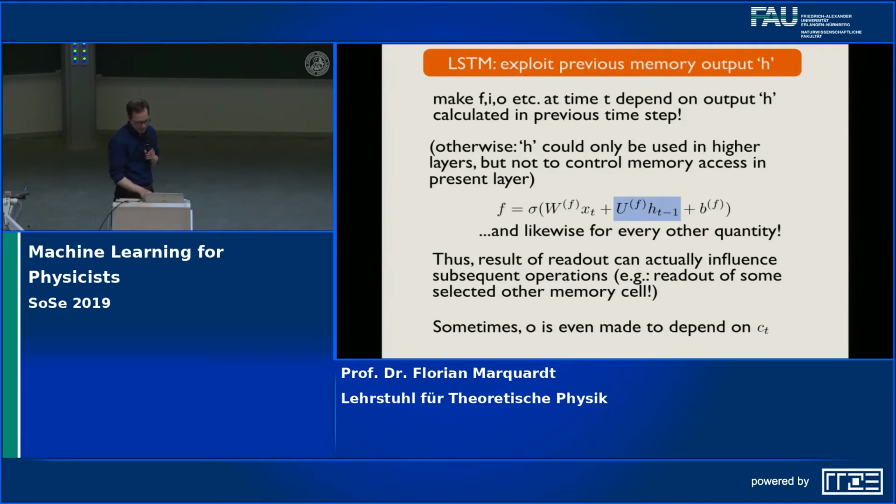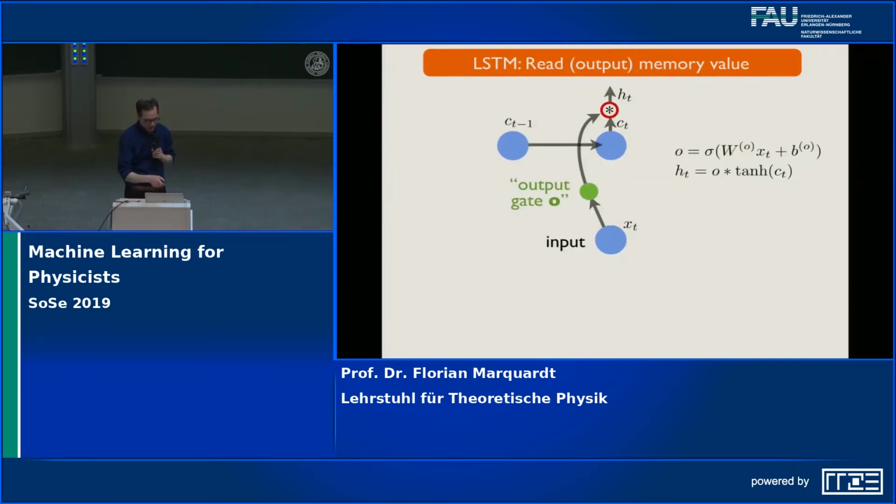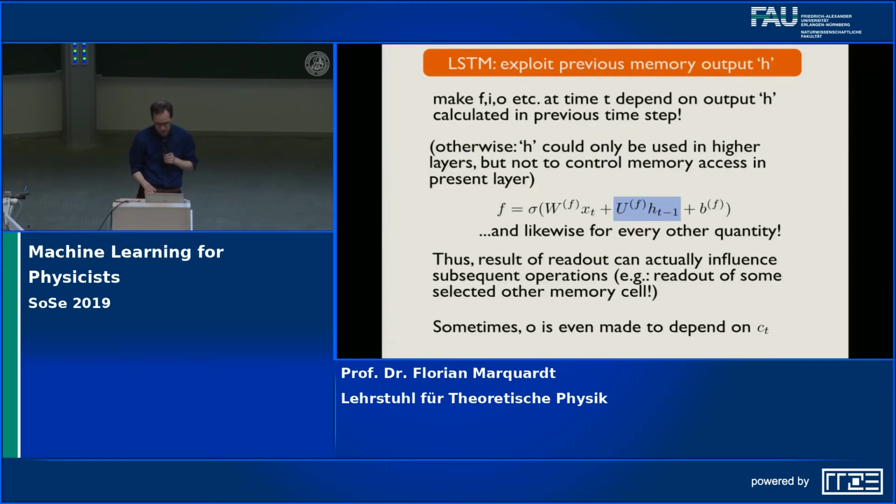So there's a little catch here, which can be solved by this additional step. You want to make these gates not only depend on the input, but also maybe on the previous output that has been calculated in the earlier time step. Because you might want to read something from memory in one time step and use that value to decide what you want to do in the next time step, whether you want to delete something or output something and so on.